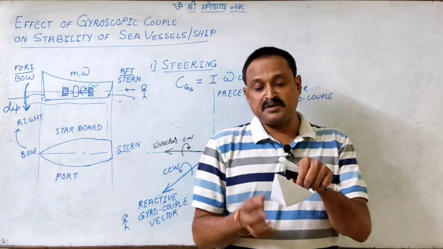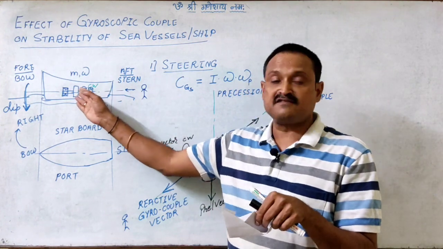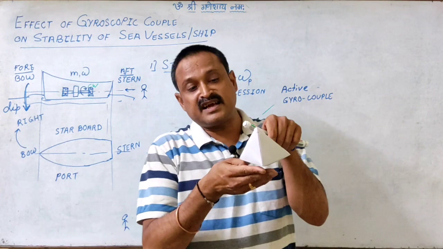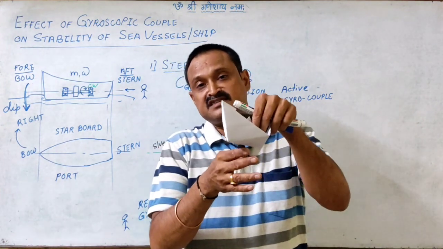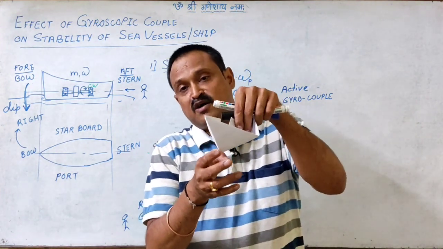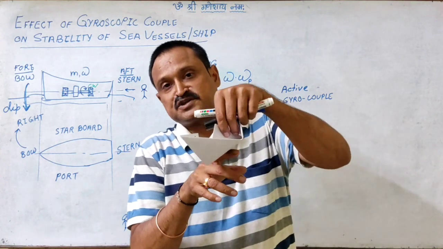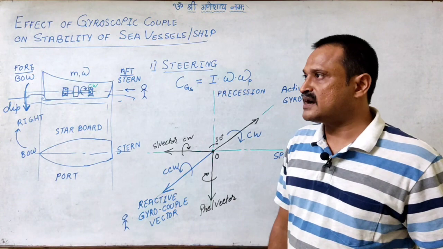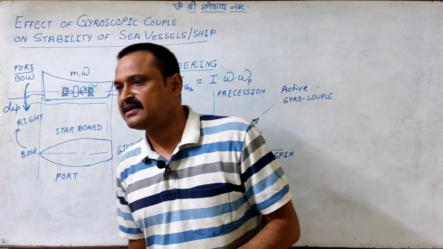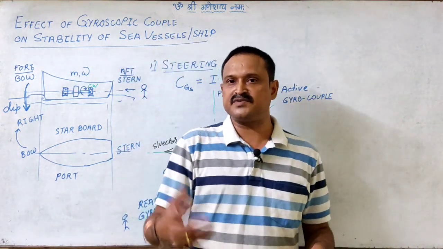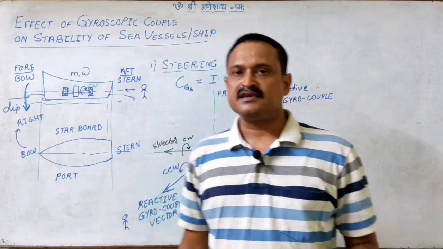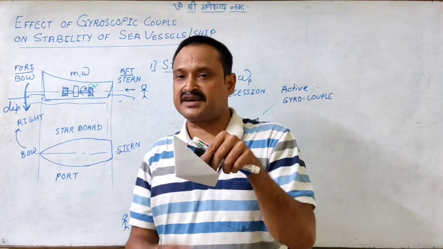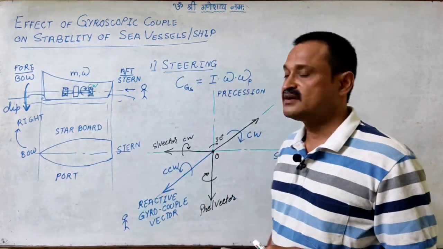So when a ship is at considerable speed of this rotor, and when it is taking a right turn, what is experienced is the bow of the ship dips into the water. If you have seen speedboats somewhere, it is very easily seen in such cases. When speedboats are trying to take a turn, accidents happen in such cases.